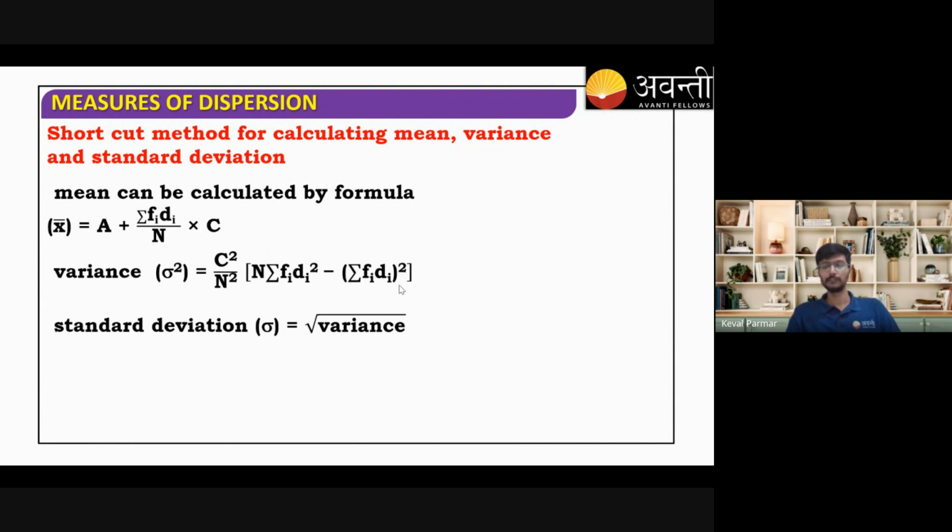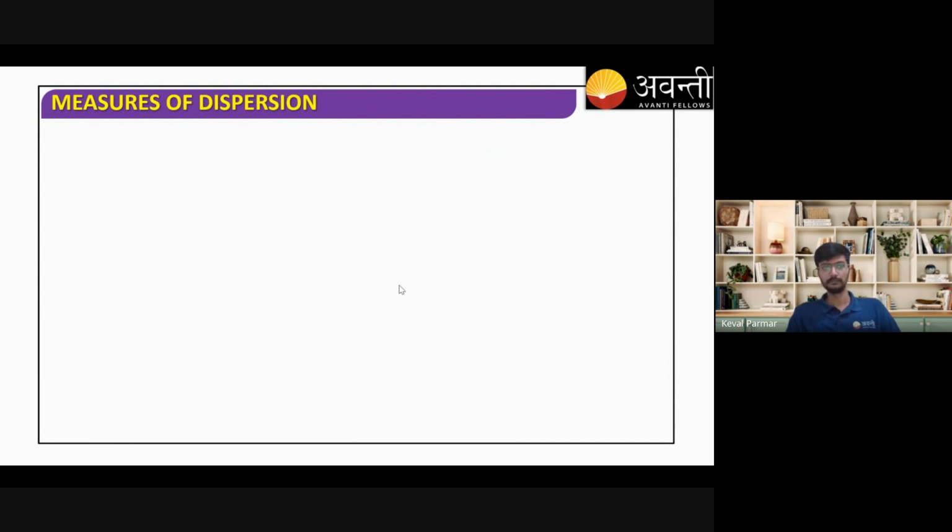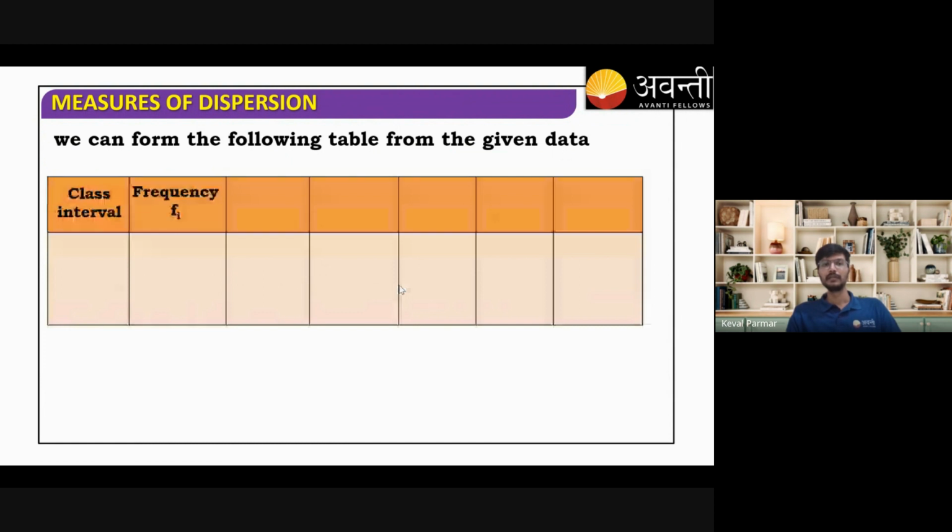Chalo. Let's try to form the table. Class interval, frequency, which is the given data in the question, midpoint, di square, fi di square. Why are we using this table?